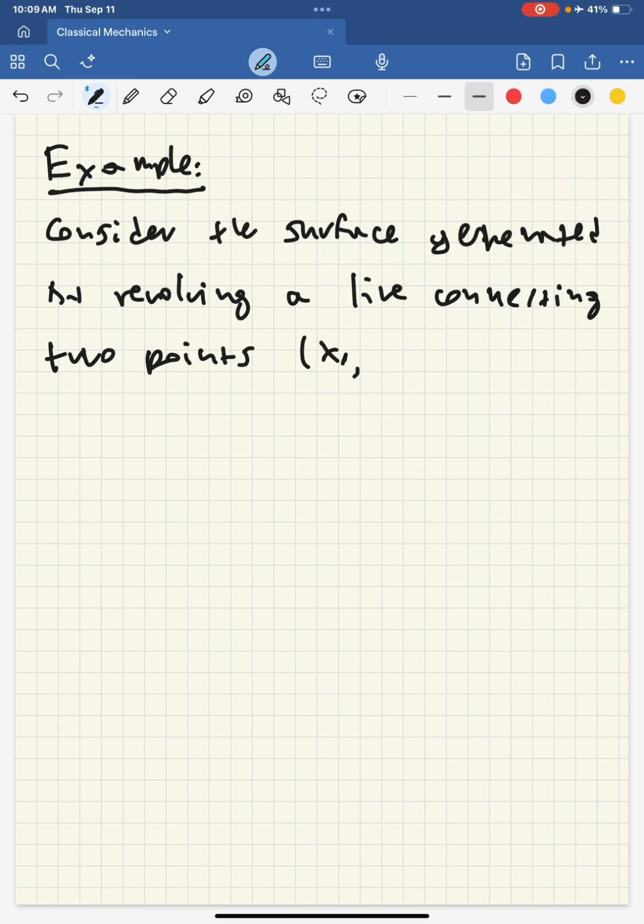Let's call them x1, y1 and x2, y2, around the y-axis. So the line connecting these 2 points is revolved around the y-axis, okay?